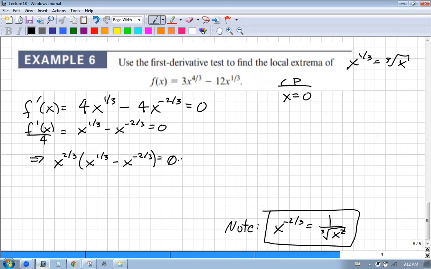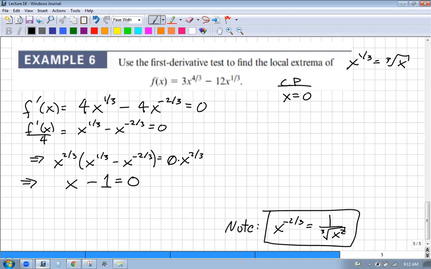I'll write it out. x to the 2/3 times x to the 1/3, we add the exponents, that's x to the first power. x to the 2/3 times x to the -2/3 would be x to the 0, and anything to the 0 power is just 1.